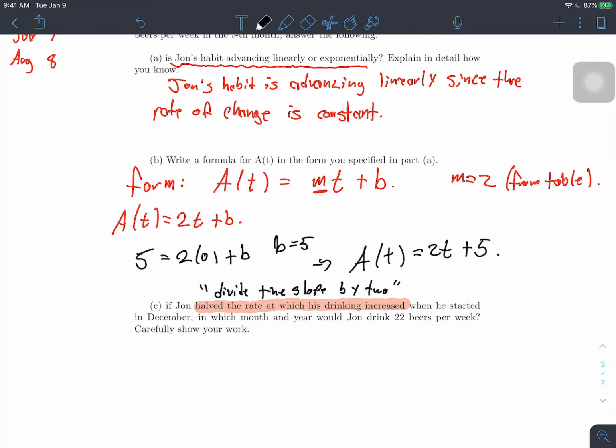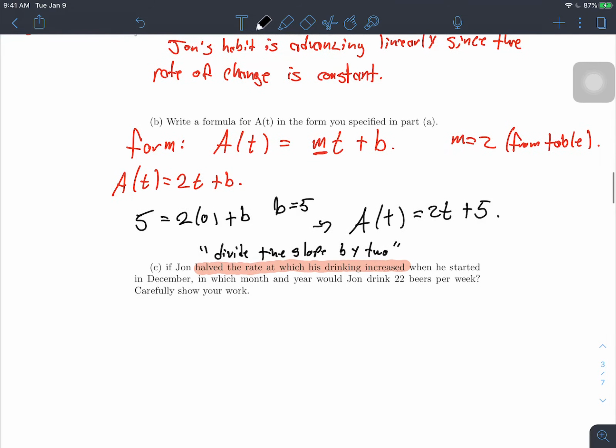That's what this is telling us to do. So I'm going to have a new formula, b of t, we'll call it. This is the alternative path that John could have taken. It's going to be the same, except the only thing that's going to change is my slope is going to be half of what it was before. So now it's just going to be t plus 5. That is my new formula.